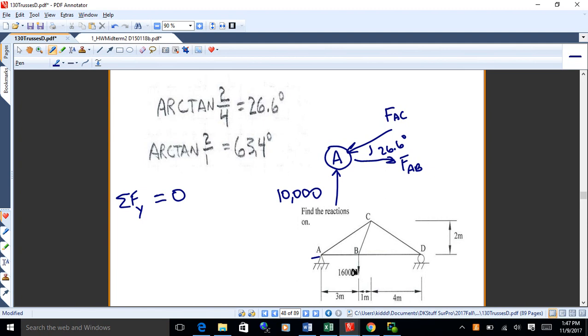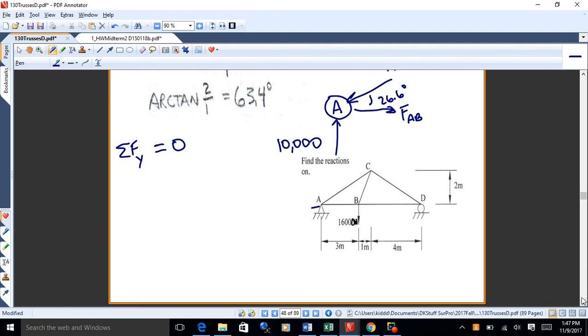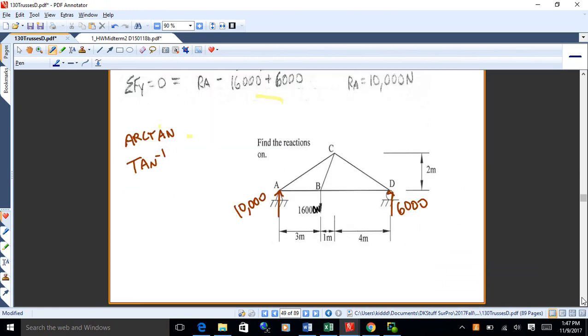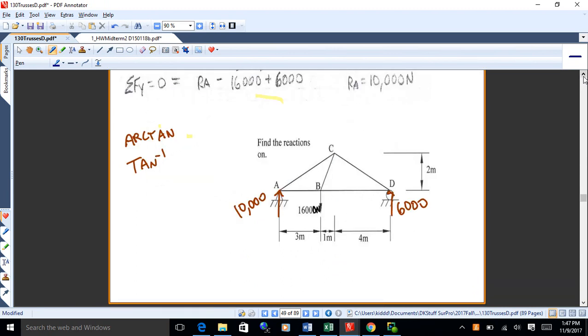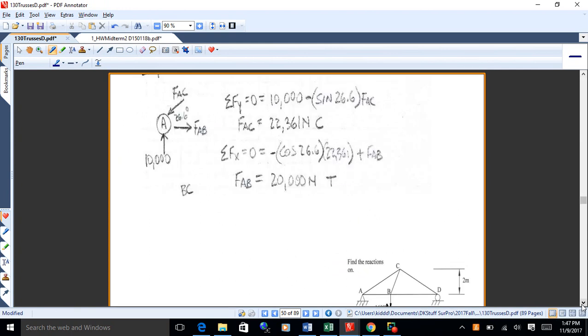So general rule of thumb, if you're within a percent of those answers in the book, you're good. So 23,361 and then 20,000. Is that what y'all coming up with?